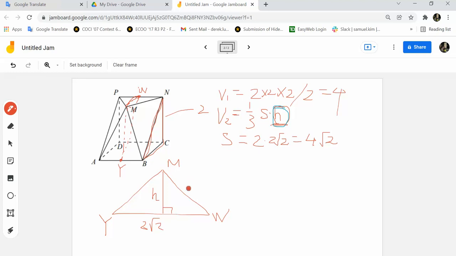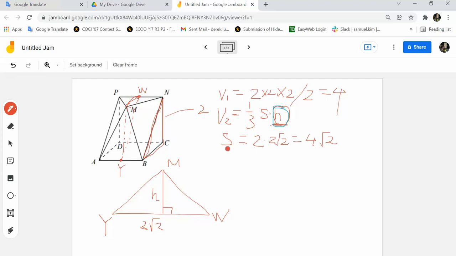Another condition we didn't use is this PMN is parallel to that parallel thing, right?